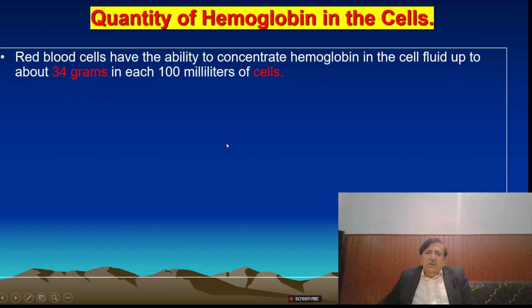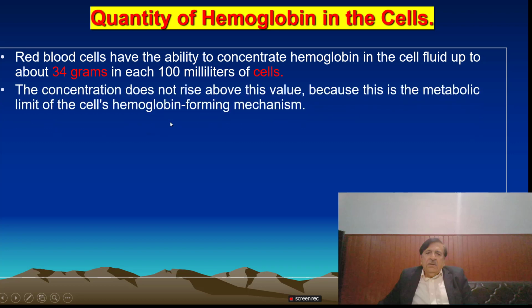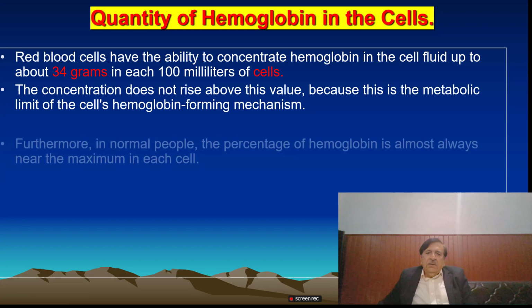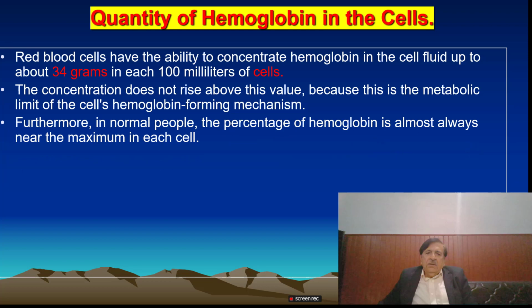Quantity of hemoglobin in the red cell. Red blood cells have the ability to concentrate hemoglobin in the cell fluid up to about 34 gram in each 100 milliliter of cell. The concentration does not rise above this value because this is the metabolic limit of the cell's hemoglobin forming mechanism.